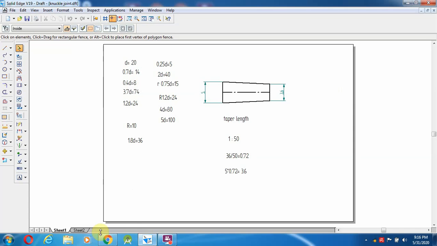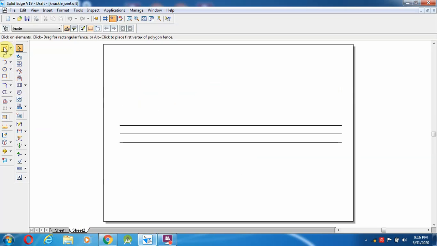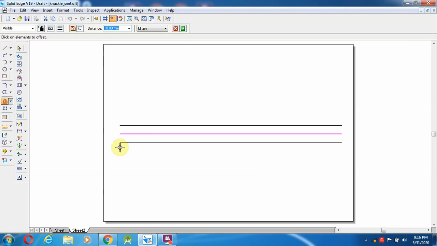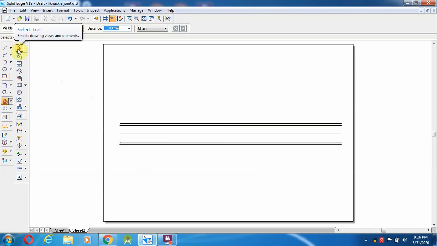Then coming to here, select a line, again the offset command from here, 1.2d means 24 mm. So above 12 mm and again below 12 mm. Select from here, select top 12 mm each, so totally 24 mm it's coming.